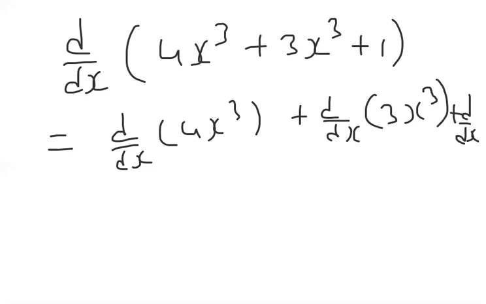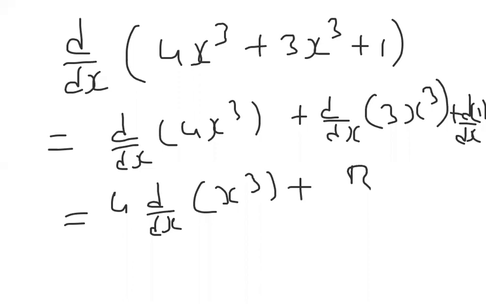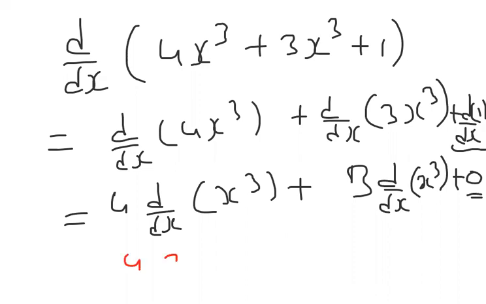First of all, d by dx of 4x cube means 4, keep it outside, d by dx of x cube. Again 3, keep it outside, d by dx of x cube. d by dx of a constant, differentiation of a constant is 0. So keep it as 0. So here d by dx of x cube. x cube means, what I told from our formula, 3 into x power 3 minus 1.